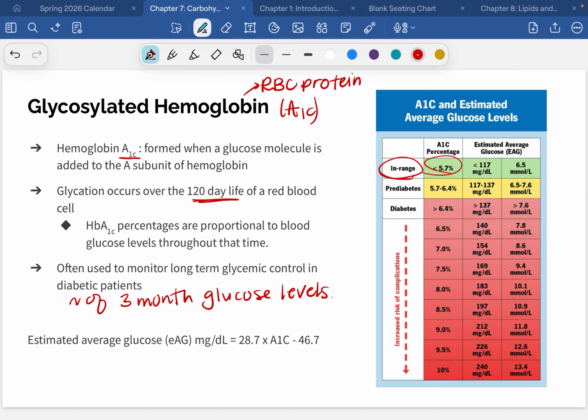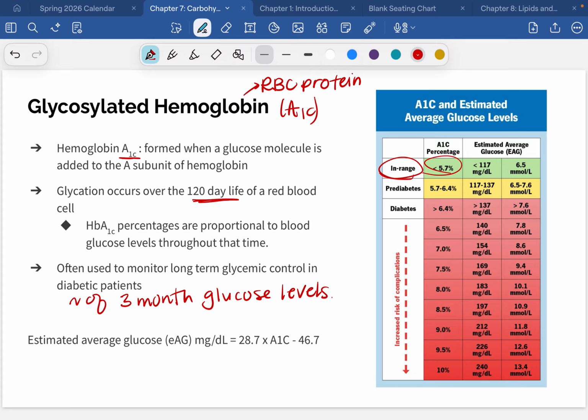The reason that this is really cool is because it gives us a much more accurate picture of how well a patient is doing at controlling their glucose levels, specifically people with type 2 diabetes, whether they're on medication or they're just trying to control it with a diet.